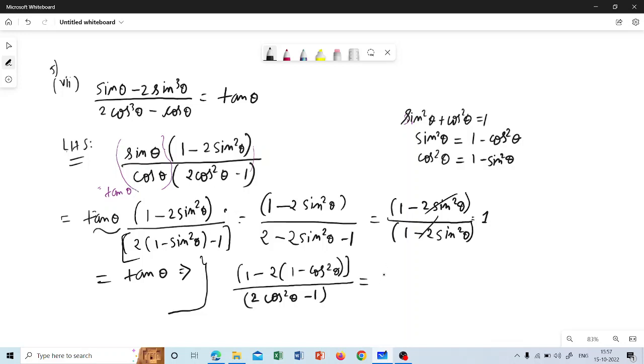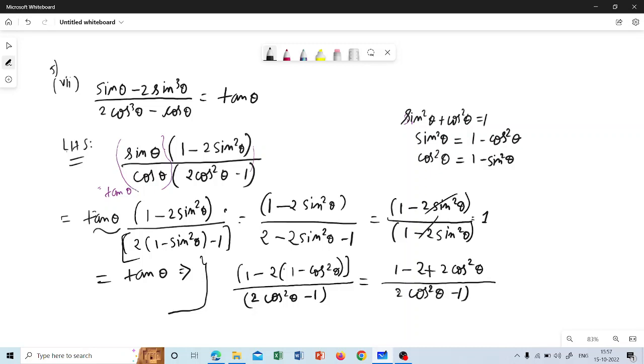So which is equivalent to 1 minus 2. Here minus into plus will be minus, so minus 2, then minus 2 into minus cos square theta is plus 2 cos square theta. So both are similar, but there are cases where we commit a mistake.